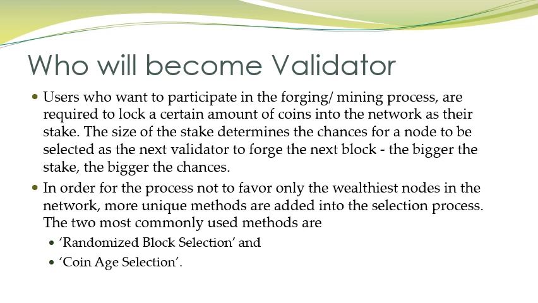Depending on the amount of currency the node holds, the node will be selected as the next validator to forge the block. The bigger the stake, the bigger the amount of currency the node holds, the bigger the chance that the node will become the validator in the proof of stake.